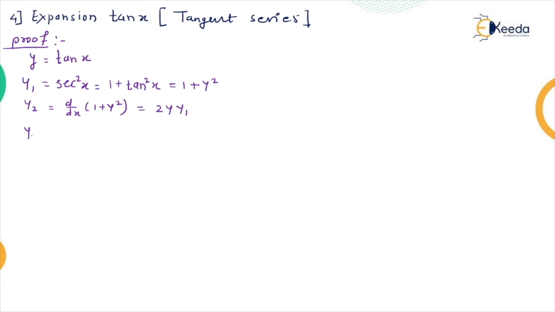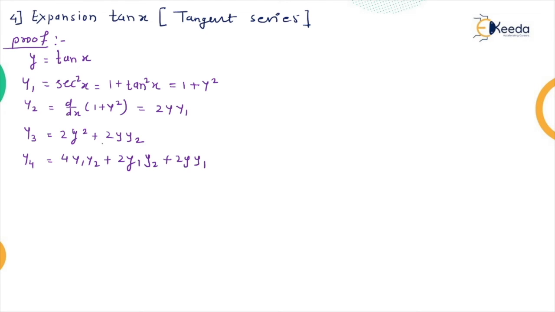Similarly, taking y3, we get 2y1 square plus 2y y2. Now for y4, we get 4y1 y2 plus 2y1 y2 plus 2y y1.